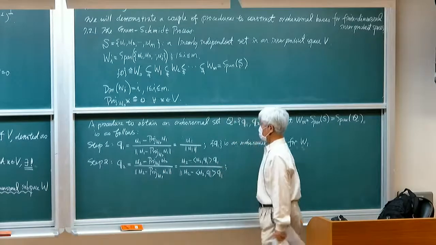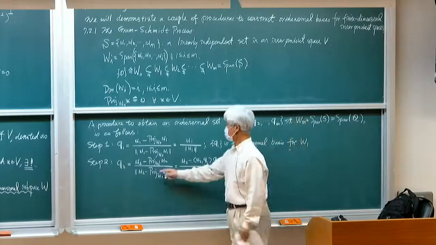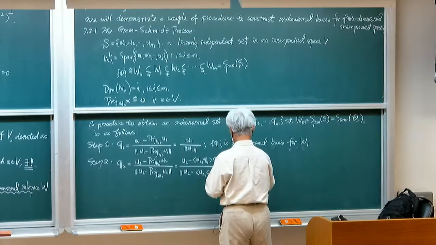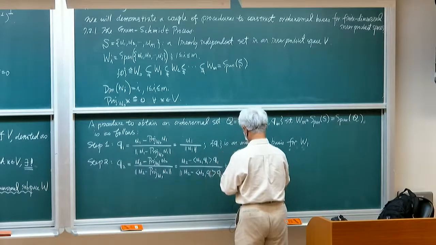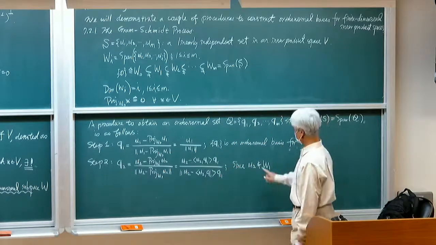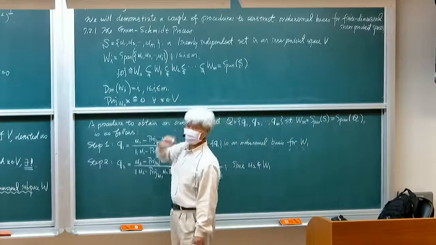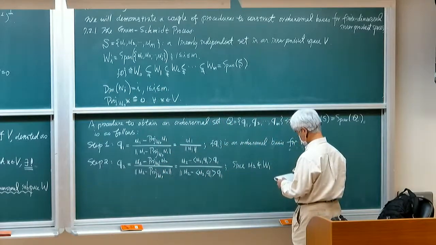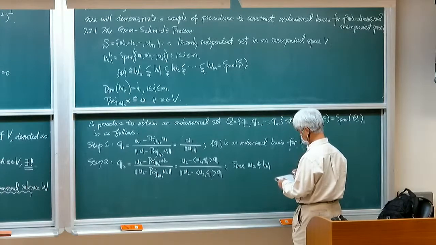Now, we will see that U2 is not in W1, because if U2 were in W1, then U1, U2 would be linearly dependent. This is a contradiction, right?